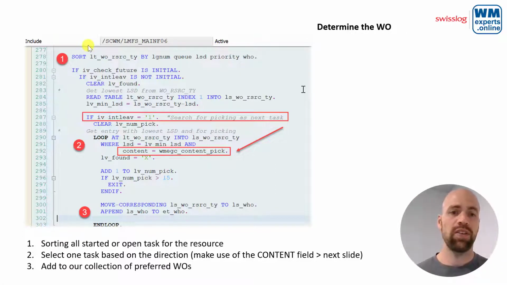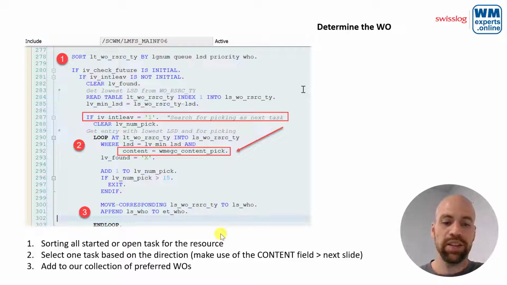This is sorted in standard based on the latest start date and the priority. The queue is not really relevant because we only have one queue for the resource. Then EWM evaluates the value of the LV_interleave variable. If it is 1, we search for picking as the next task. If it is 2, the coding is cut off on the screenshot, it searches for put away as the next task.